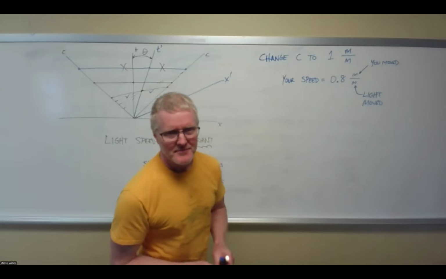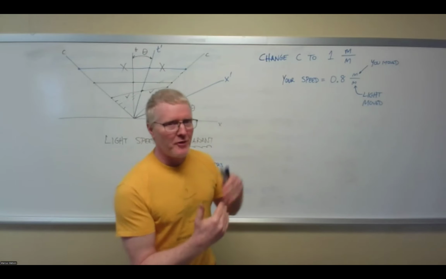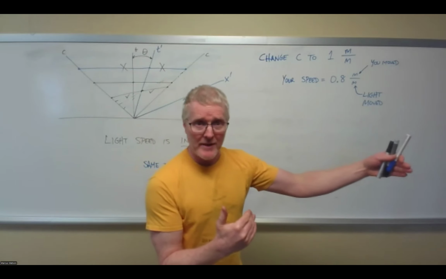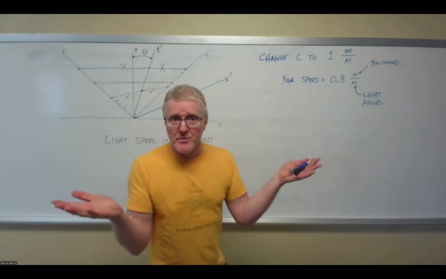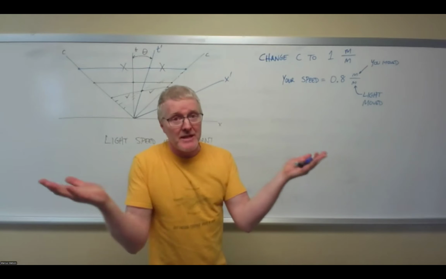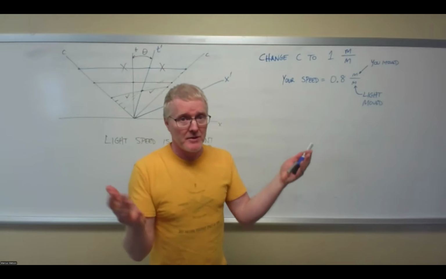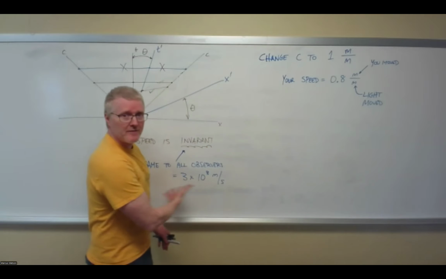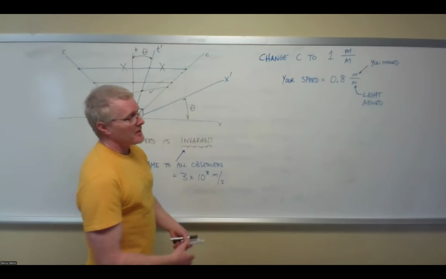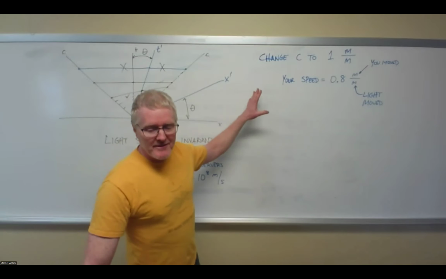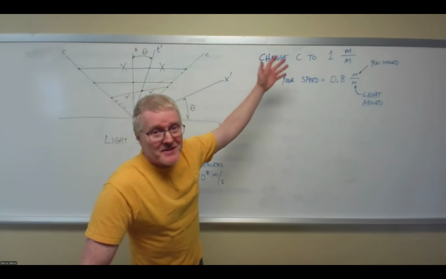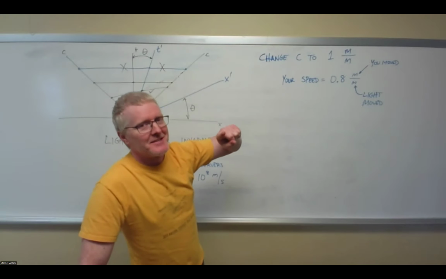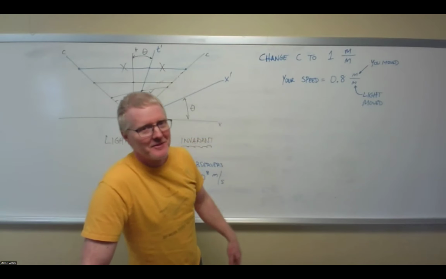So I'm comparing how far I went to how far light went. I feel like that's a pretty easy ratio to figure out, right? If you think of light as 1, it's even better because now it's technically unitless, because meter over meter is a nothing, right?